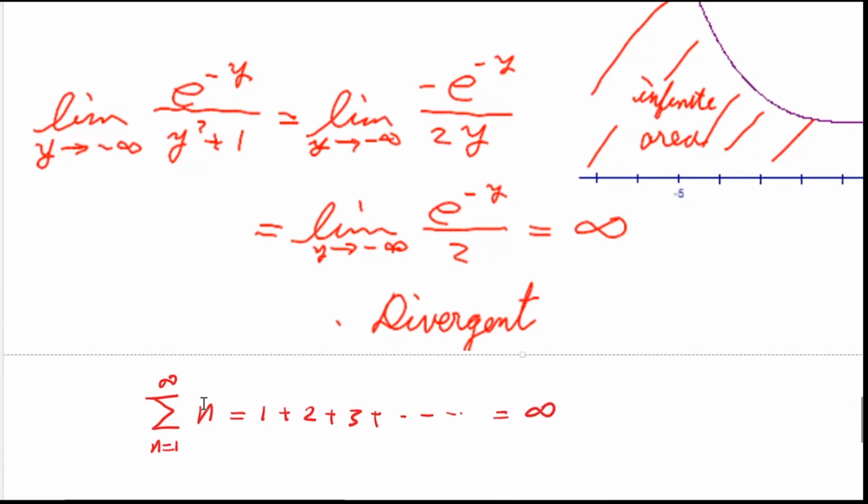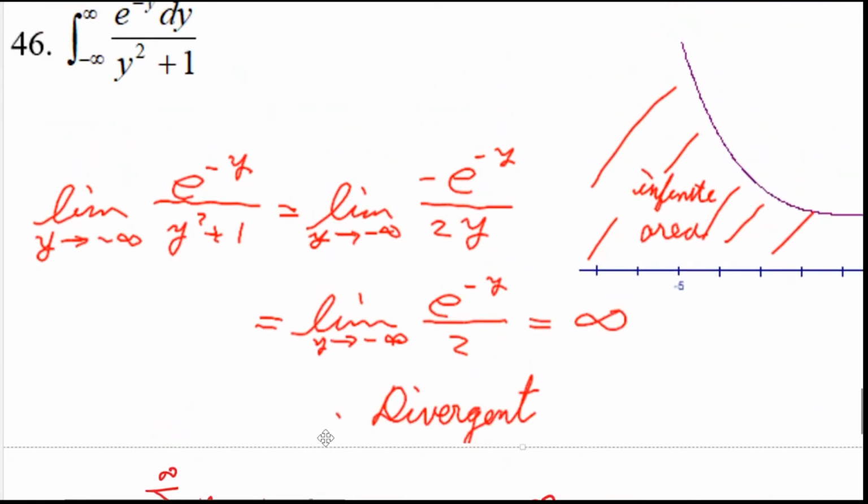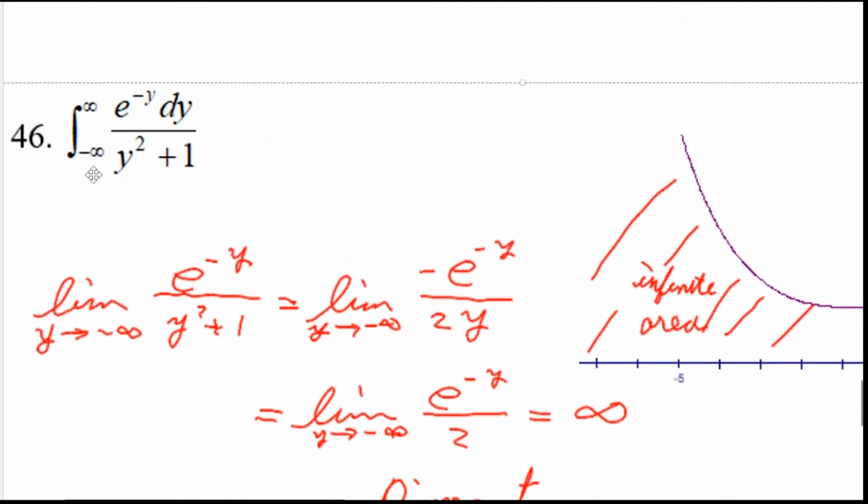For this thing to have a chance of convergence, convergence meaning some finite number, this thing inside better go down to 0 really, really fast. Even if it goes down to 0, this may or may not converge. Convergence is not an easy thing to achieve because there are infinitely many of these. Same thing, integral is basically an infinite series, isn't it? So this thing better die really, really fast.